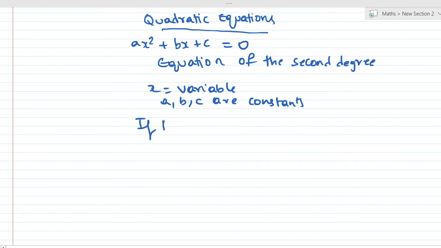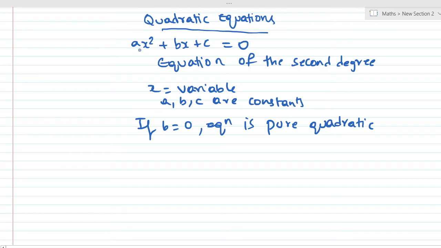If b equals 0, we don't have this term, it will become ax square plus c, right? So if b is equal to 0, the equation is a pure quadratic, because we only have x square. If this term goes, we only will have ax square plus c.